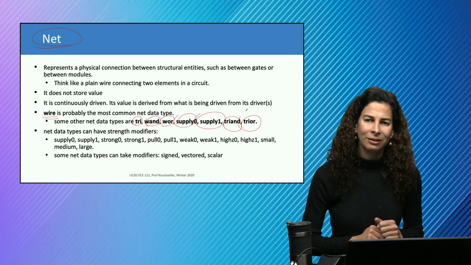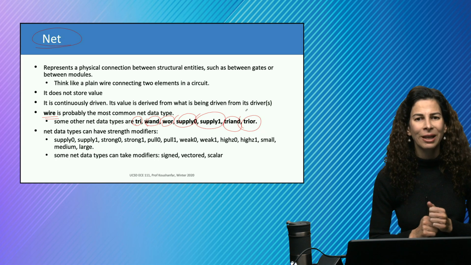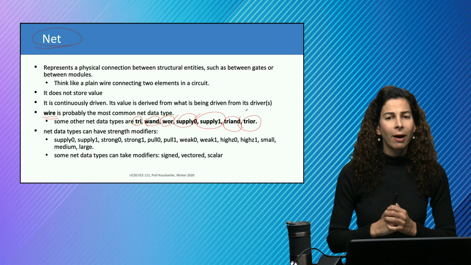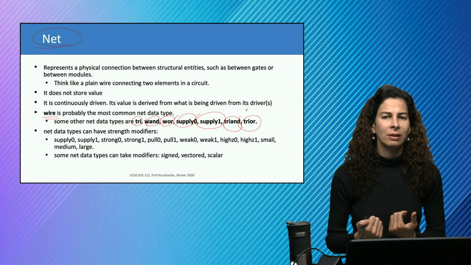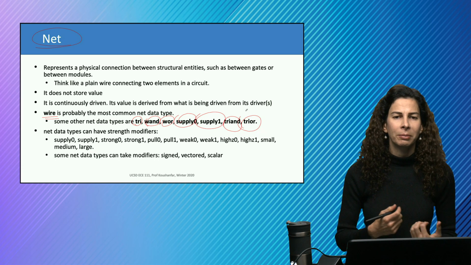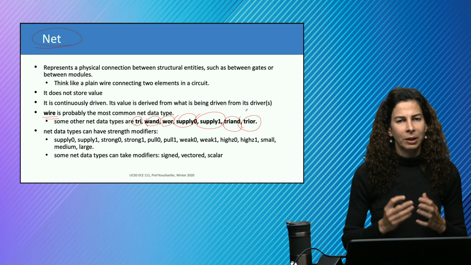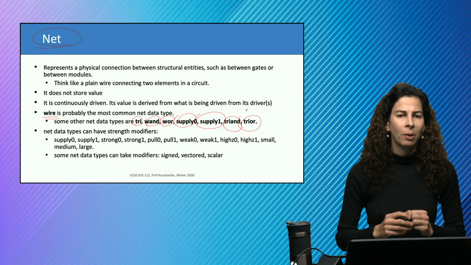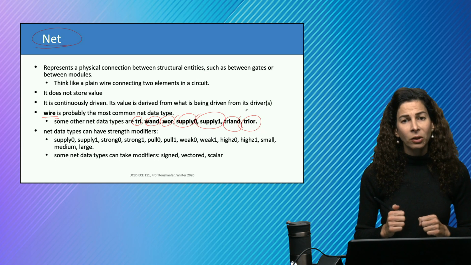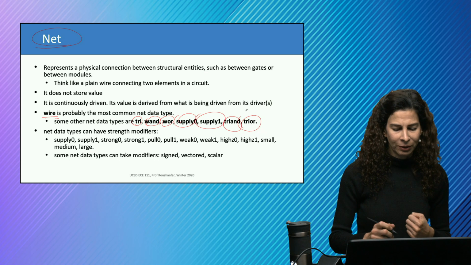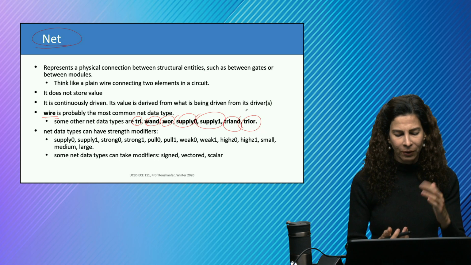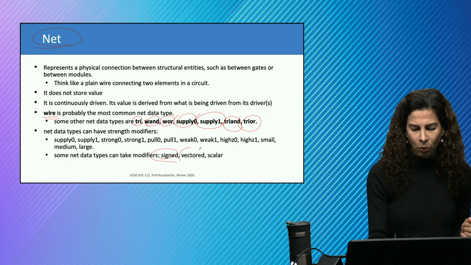You're welcome to look at the descriptions if you're interested to use them, but you could also define the strength of these nets, if they're high impedance, low impedance, if they're larger nets or smaller nets. And they can also sometimes take modifiers. For example, we can talk about vectoring them, signing them, and so on and so forth.